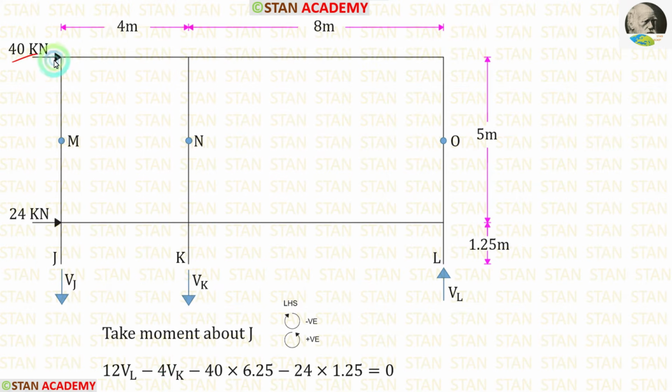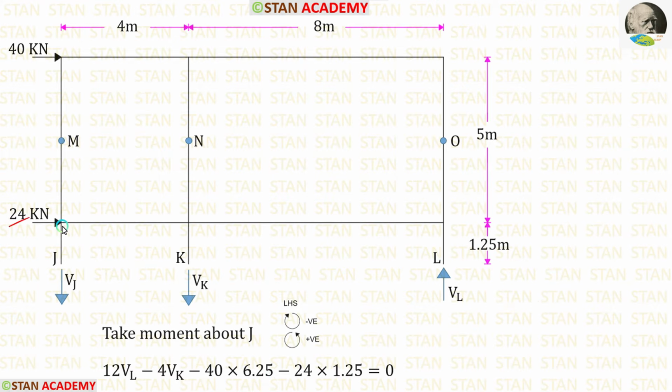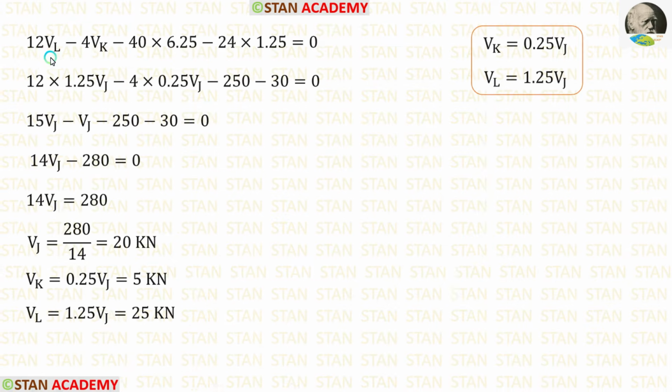The load 40 is acting in the clockwise direction, so it will be negative and the distance is 5 plus 1.25, we will get 6.25. The load 24 is acting in the clockwise direction, so it will be negative and the distance is 1.25.